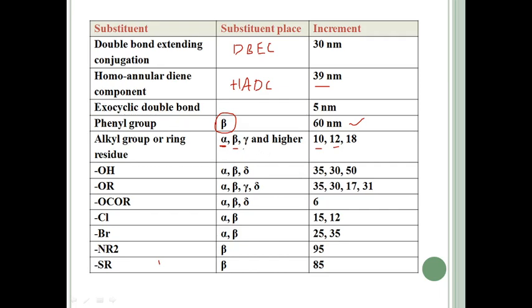When alkyl group is substituted at gamma portion, then you have to give 18 nanometer. When alkyl group is substituted higher than gamma, you will have delta. So at delta portion, or whatever the higher position, then also you have to give 18 nanometer. Okay, clear?